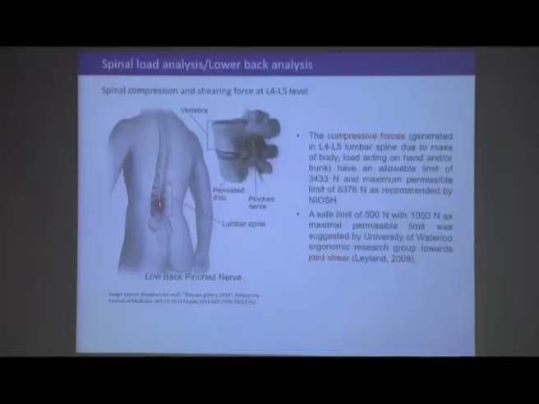Through these vertebrae our spinal cord passes, and in between two vertebrae we find this type of cartilaginous padding material, which is known as the intervertebral disc.